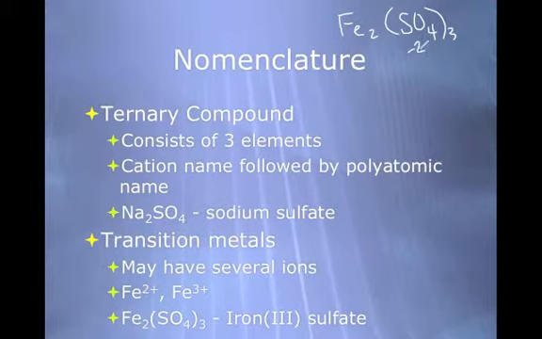So it's a -2, which means total, if we have 3 sulfates, what's our total negative charge? -6, which means the total positive charge must equal +6. And how many irons are there? 2. So each iron must be +3. +3, which is why we use iron 3. That's how we know it's iron 3.